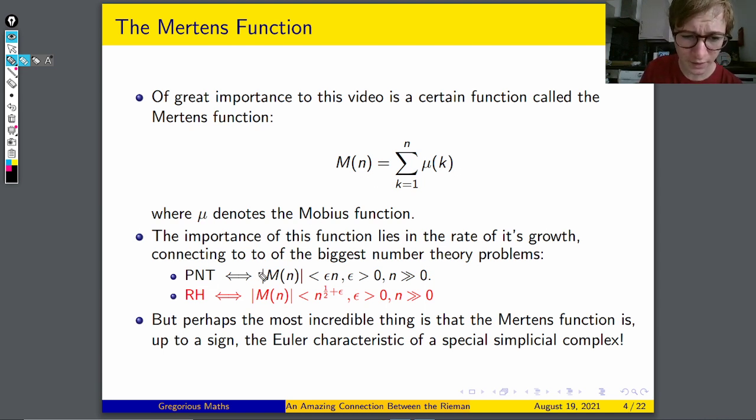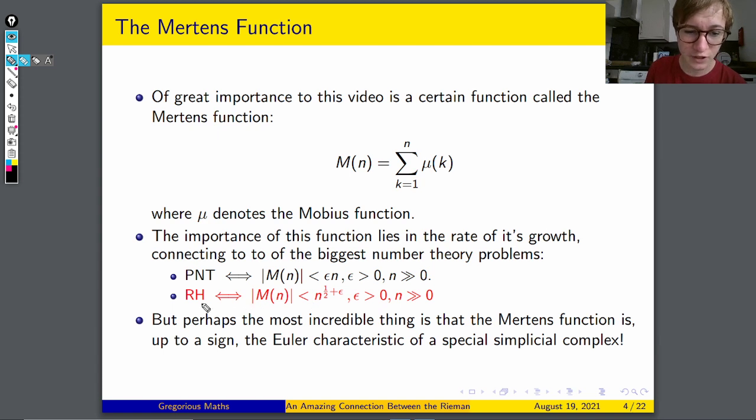So the prime number theorem is true if and only if the absolute value of M of n is less than epsilon times n for all epsilon greater than 0 and for n sufficiently large. And the Riemann hypothesis is equivalent to saying that the absolute value of this function is less than n to the half plus epsilon for all epsilon bigger than 0 and for n sufficiently large.